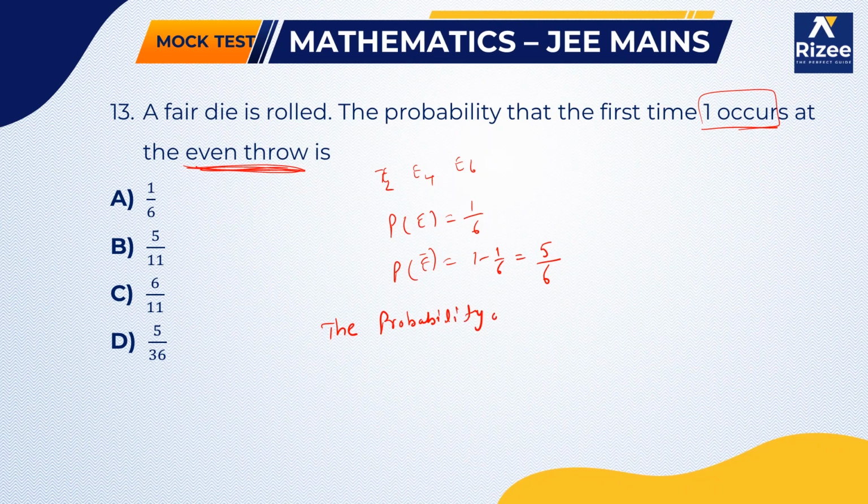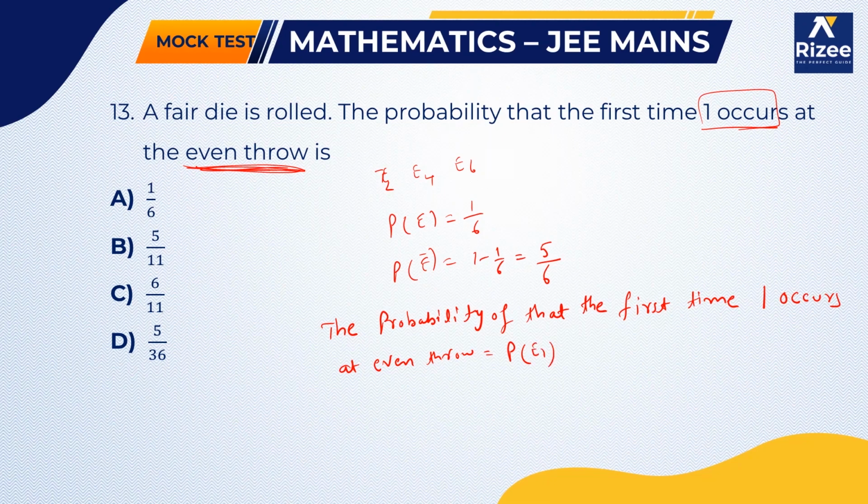The probability that the first time 1 occurs at an even throw. How can you verify that? First condition, probability of E1 bar into probability of E2. E1 denotes the first chance, E2 denotes the second chance.